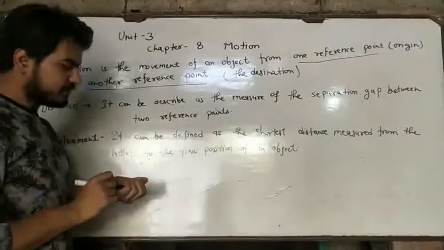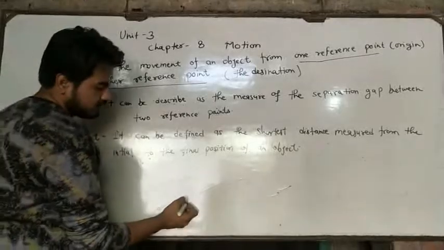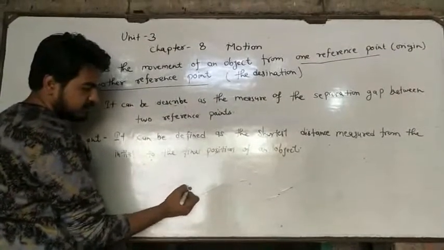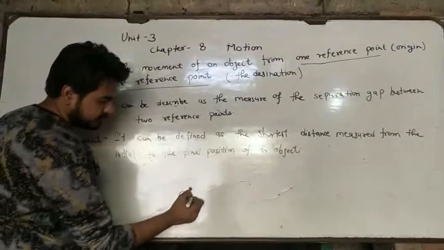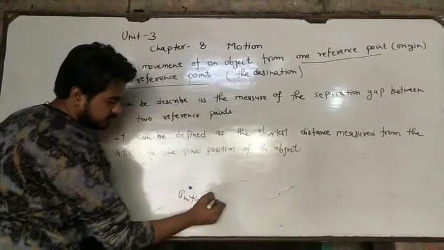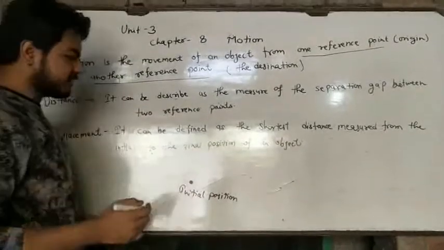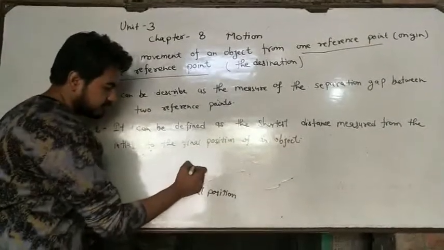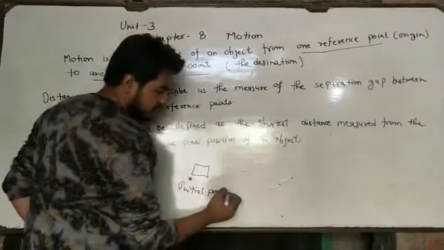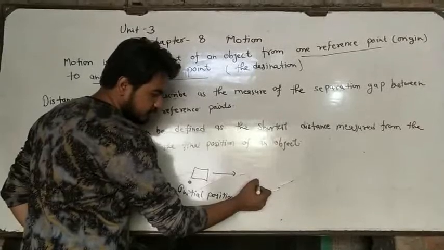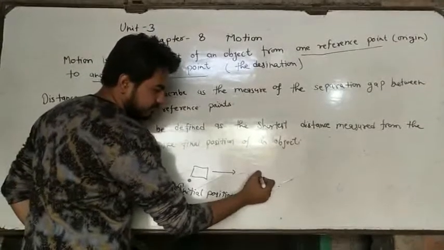So what does it mean? Suppose this is a point, the initial point. The object is at rest here, and after some time the object moves to here.